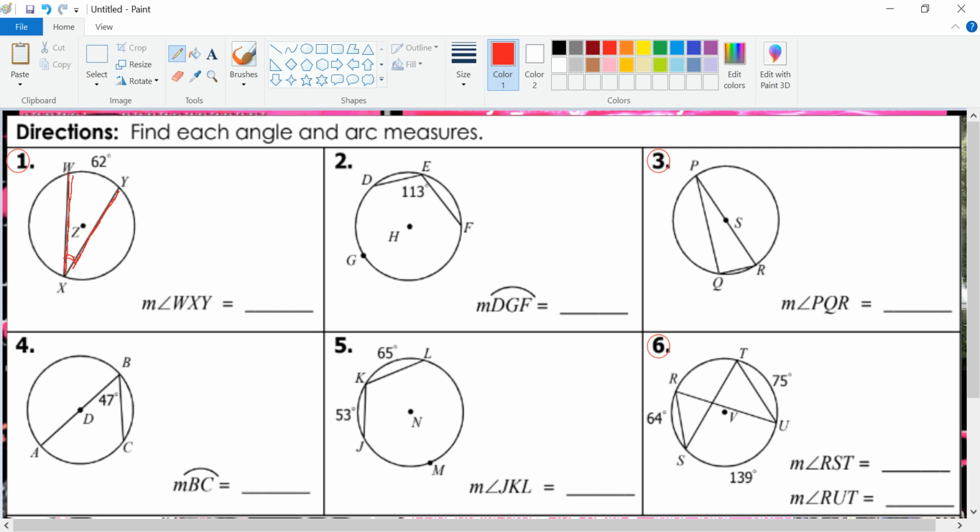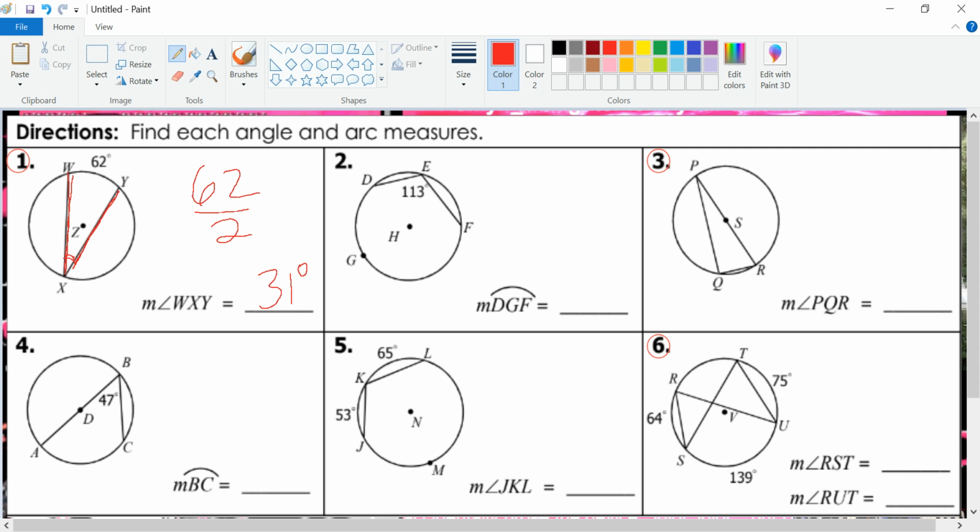You see endpoints W and Y have created an arc that's 62 degrees. So that means that angle X is simply 62 divided by 2 degrees, which is 31 degrees.